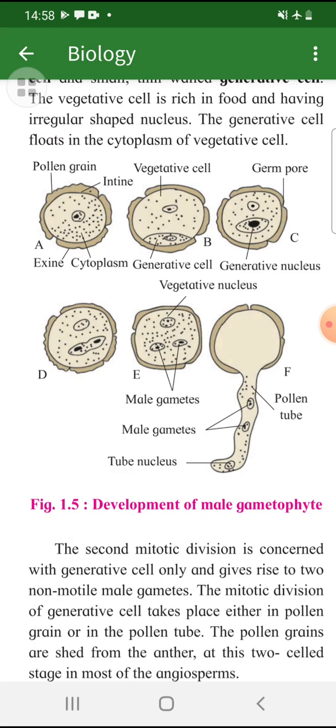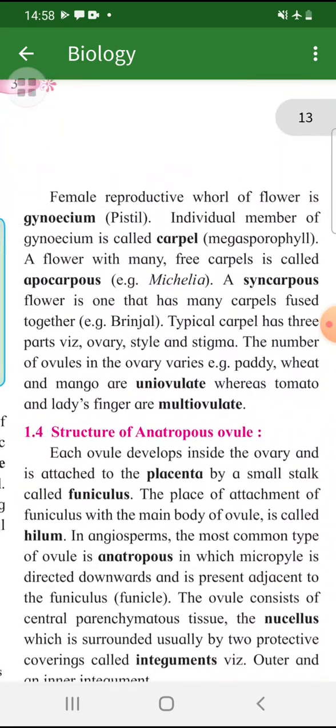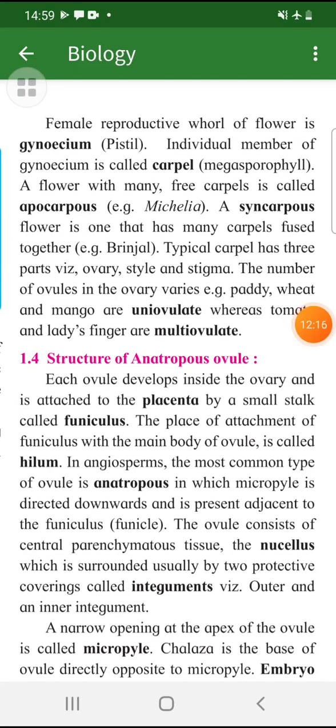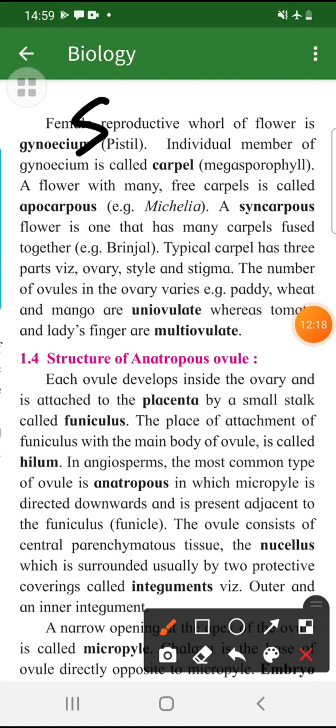Then we have something very important here. In the previous topic we learned male reproductive part was androecium. तो उसके single part को हमने बोला था, what was the word we have used, if you remember? Stamen, right?